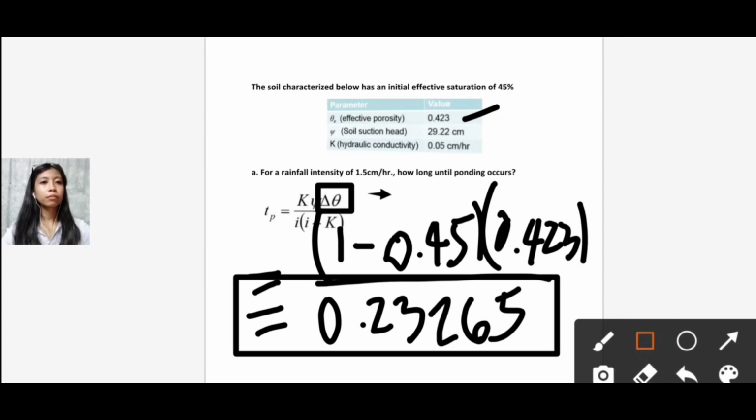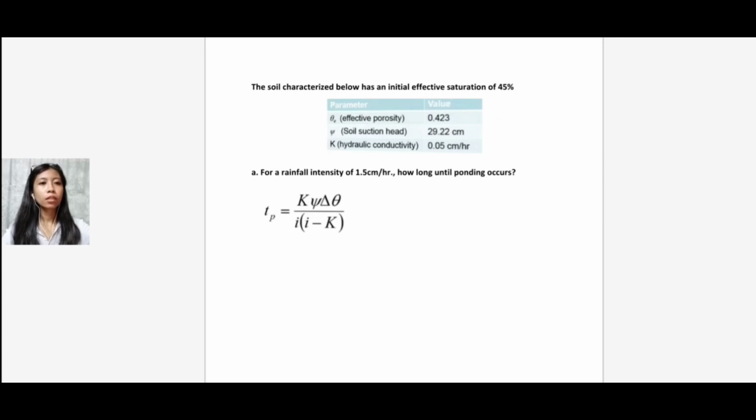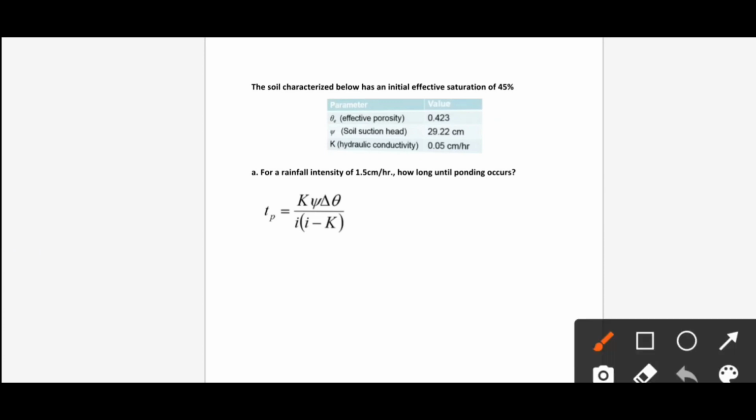Okay, so erase all this. Since we already have this value, we can substitute all the given values into the equation.